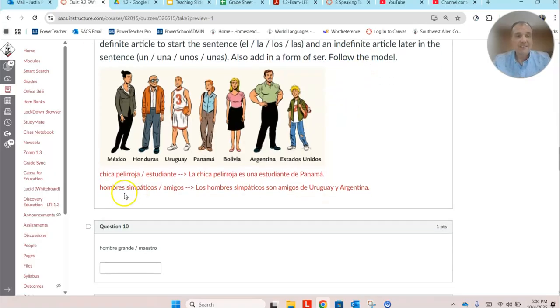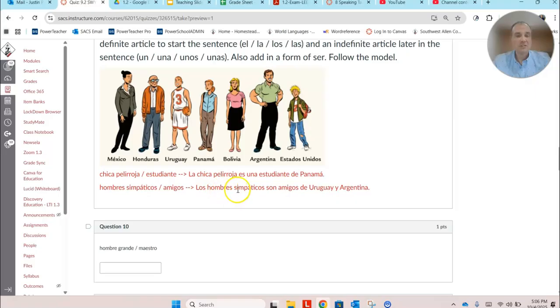So, for example, the prompt might say chica pelirroja / estudiante, and from that information we'll look at the chica pelirroja and we're going to form a sentence. So, la chica pelirroja es una estudiante de Panama. All right, so the girl with red hair is a student from Panama. Or it says hombres simpáticos and amigos. All right, so we look at the picture.